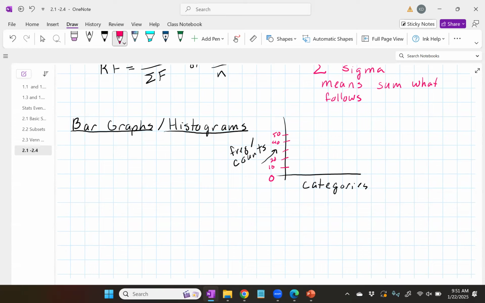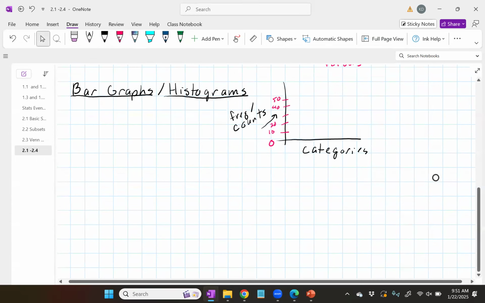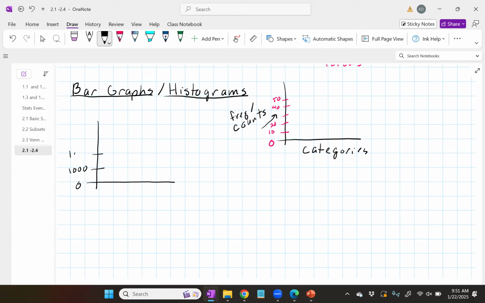Where people get in trouble is, say we have a lot of counts, like we have thousands. They'll go 0 and then 1,000, 1,010, 1,020. It hurts just to write this. So our first tick mark here, that's 1,000 cases, but each one after only counts for 10 cases.